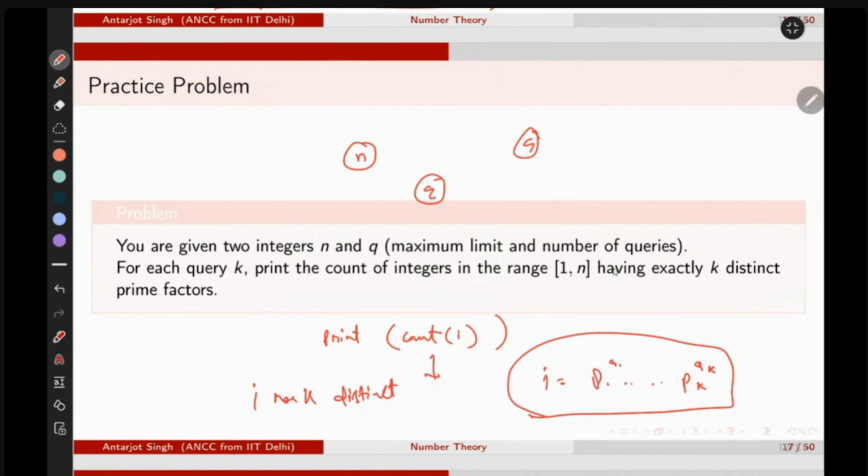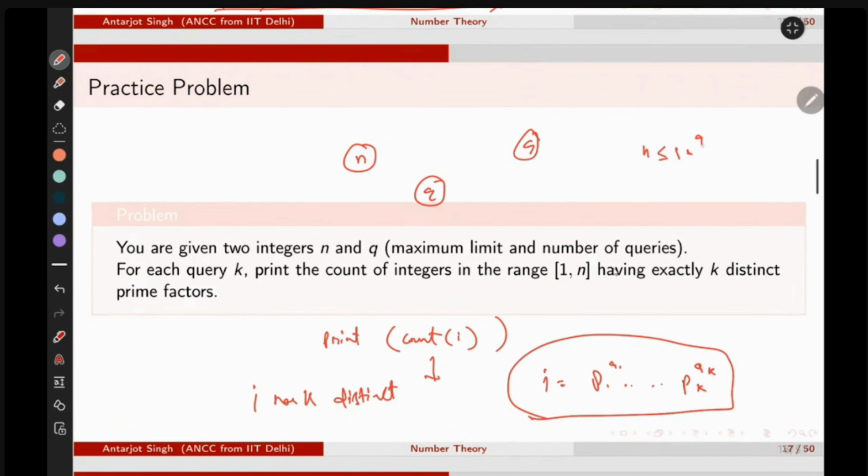So if you realize that, let's say n is 10 to the power 7, by using the sieve we have just learned, we get the primes, right?